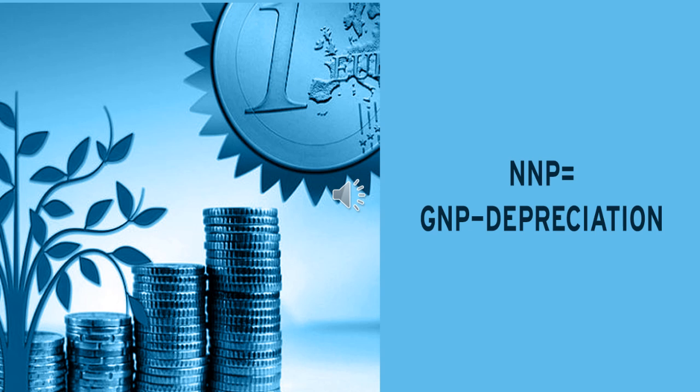Net national product. Net national product is arrived at by making an adjustment with regard to depreciation. That is, we arrive at the net national product by deducting the value of depreciation from gross national product. Depreciation means a reduction in the value of an asset, object, good or service over time, due in particular to wear and tear.